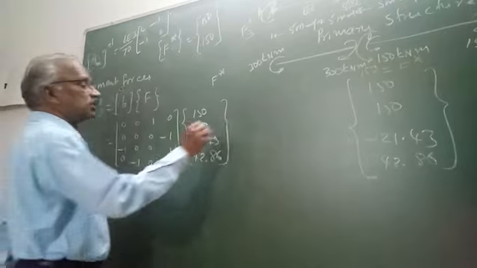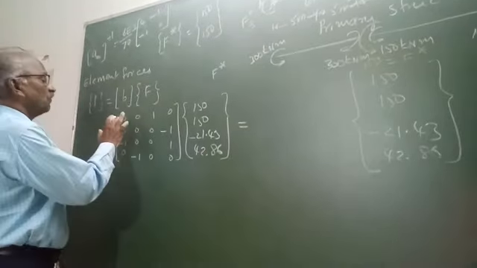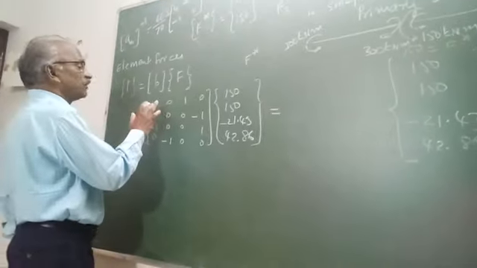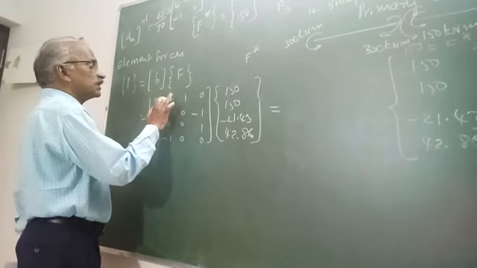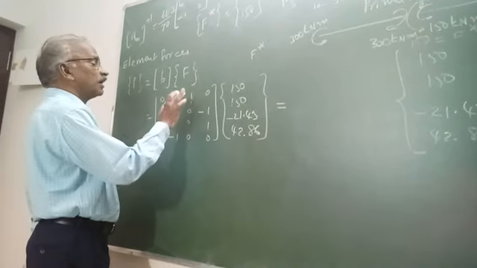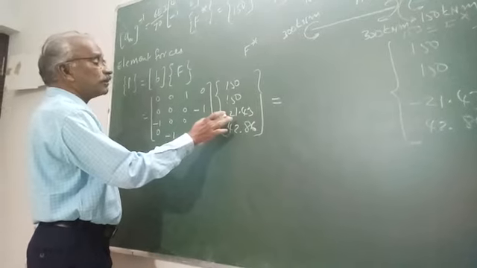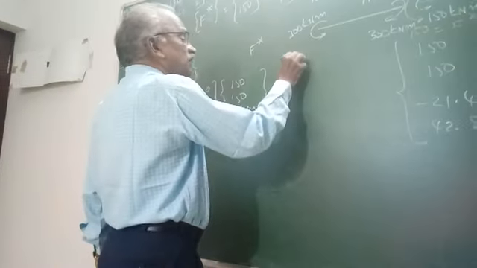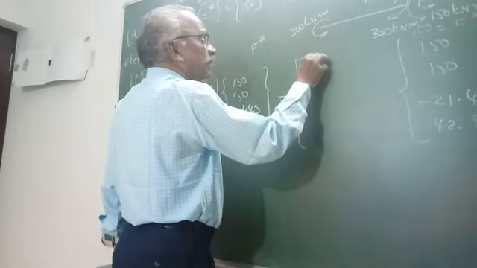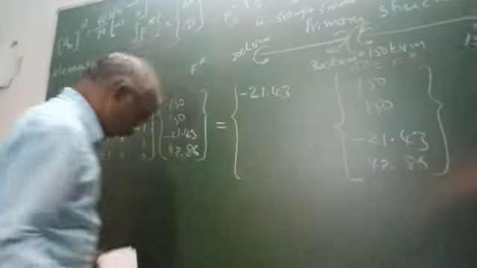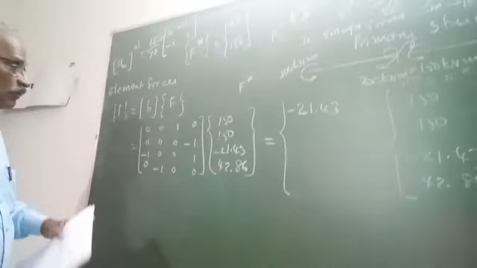Now when we multiply these two, first row: 0 into 150, forget about it; 0 into 150, forget about it; then 1 into 21.43, minus 21.43. So the first value will be minus 21.43.